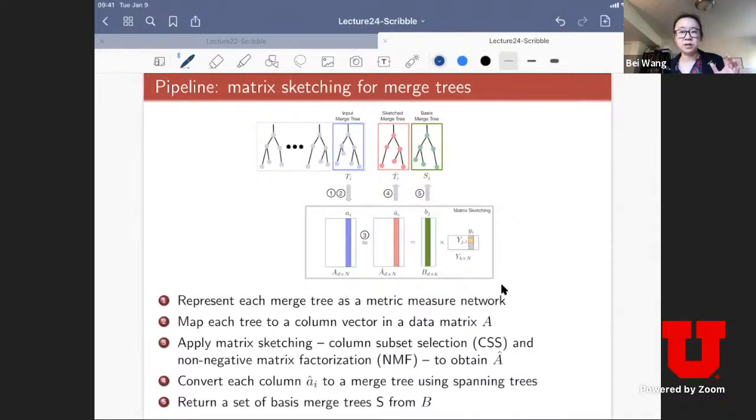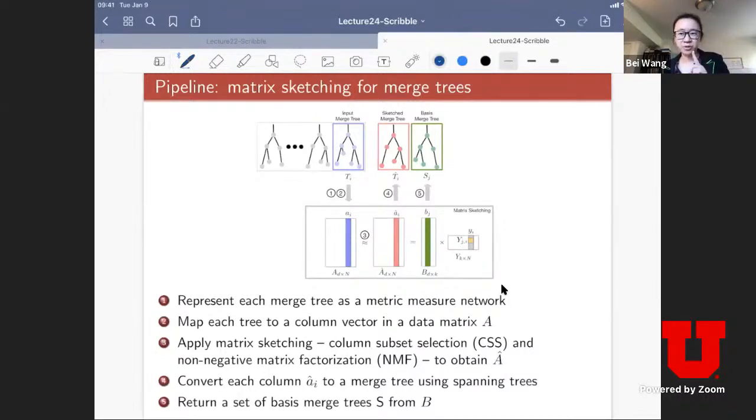There are many ways to do this, but one of them, which we're going to explain today, is to represent every single merge tree as what's called a metric measure network. I will define it very soon. Once you convert it to a metric measure network, you can match each tree to a column vector.